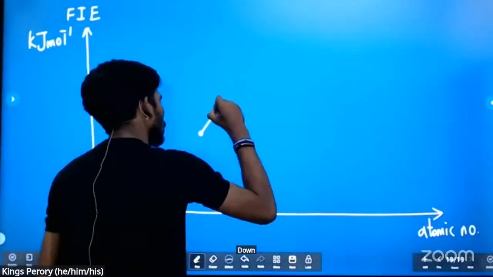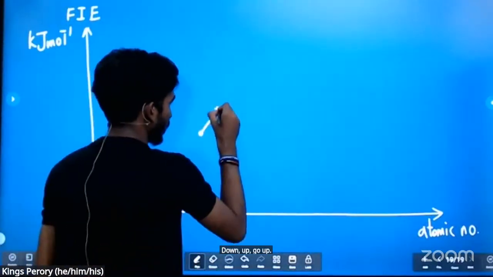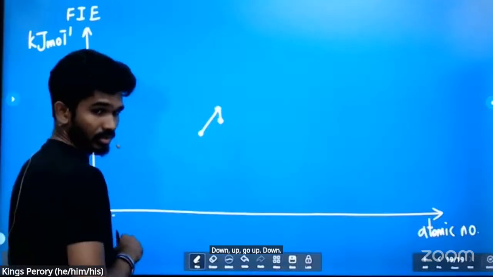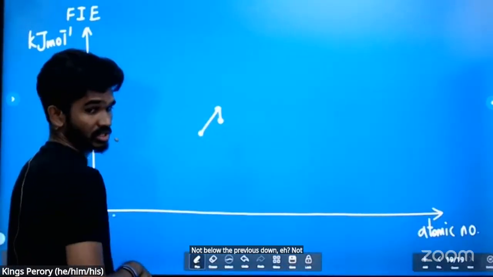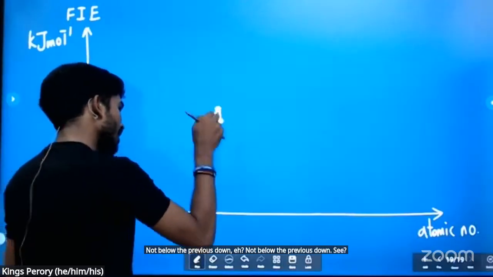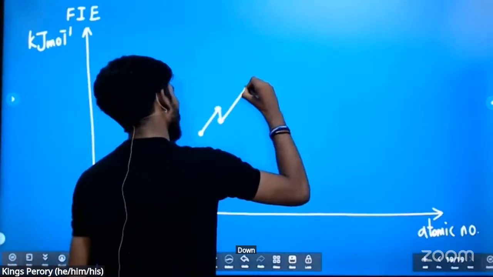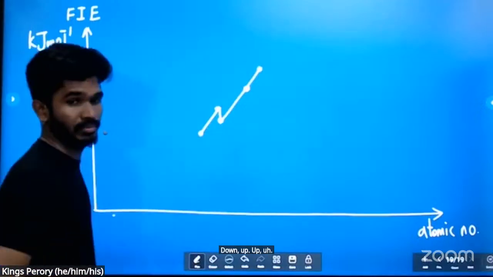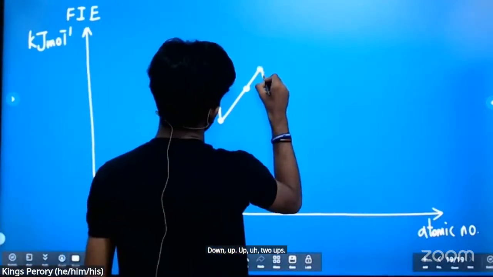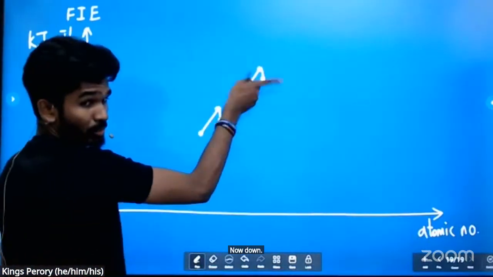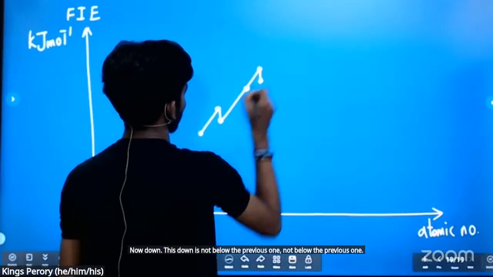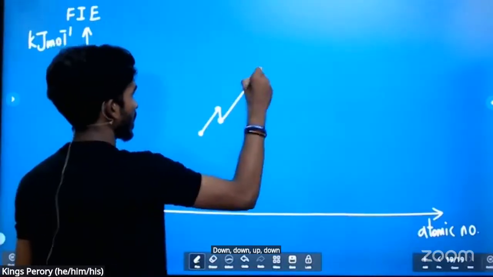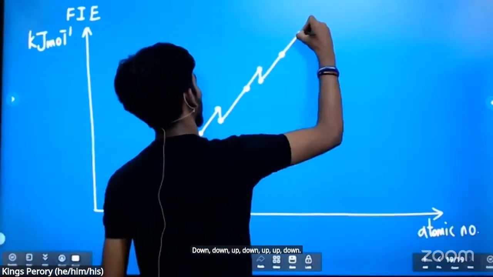Down, up, go up. Down, a little down, not below the previous down. See? Down, up, down, up, up. Two ups. Now down. This down is not below the previous one. Down, up, down, up, up, down, up, up.